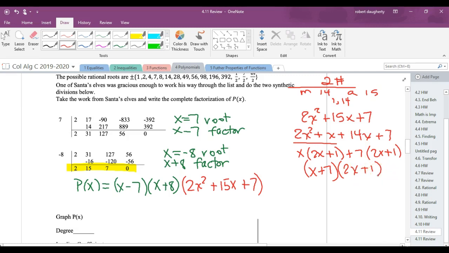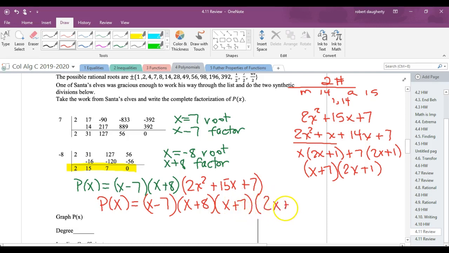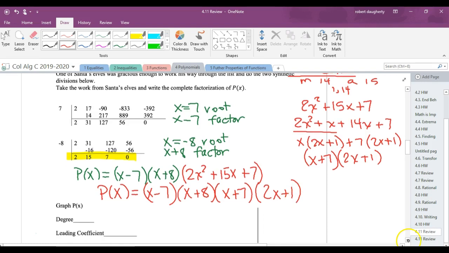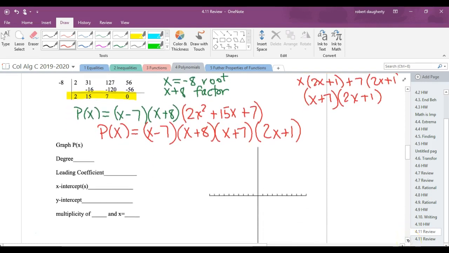So if I put all this together, p of x is x minus 7, x plus 8, x plus 7, 2x plus 1. What is the degree?